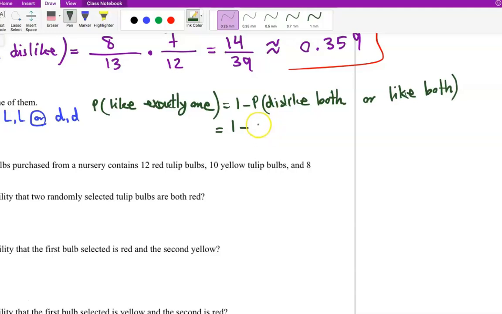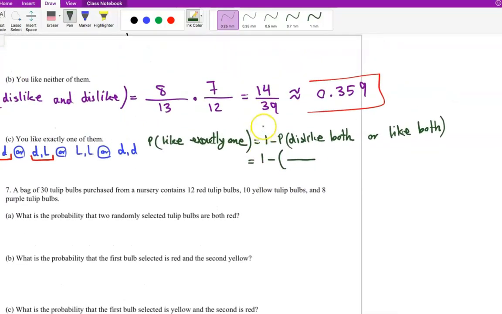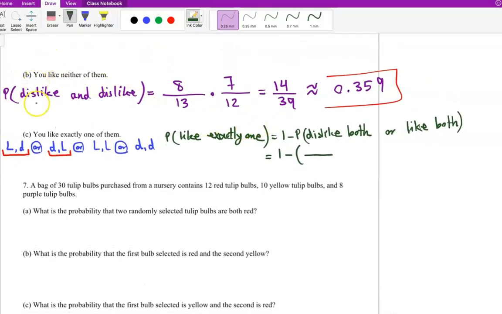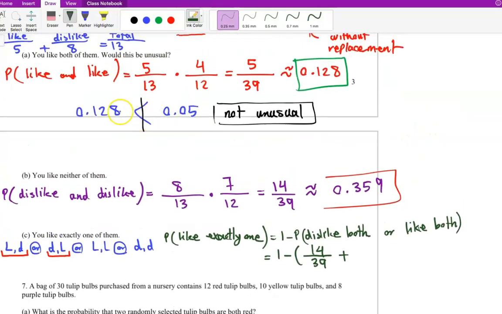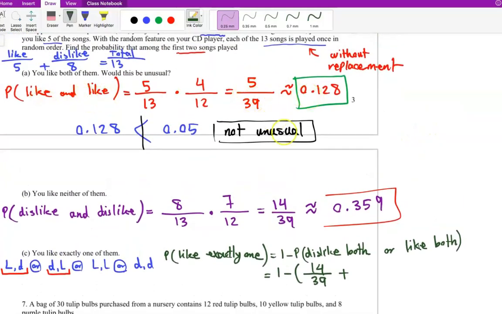One minus, from previous part B, we know that the answer for dislike and dislike is 14 divided by 39. I'm using that part. When you have or in between, meaning that you should add, and like both is 5 over 39.